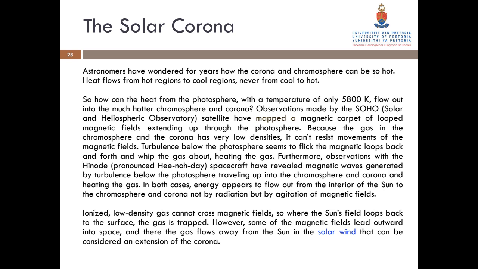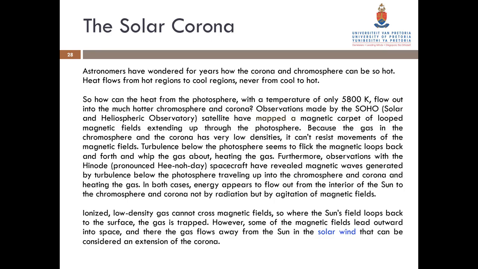Turbulence below the photosphere seems to flick the magnetic loops back and forth and whip the gas about, heating the gas. Furthermore, observations by the Hinode spacecraft have revealed magnetic waves generated by turbulence below the photosphere, traveling up into the chromosphere and corona and heating the gas. In both cases, energy appears to flow out from the interior of the Sun to the chromosphere and corona, not by radiation, but by agitation of the magnetic fields.